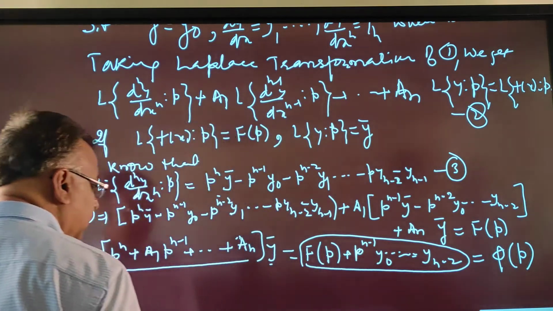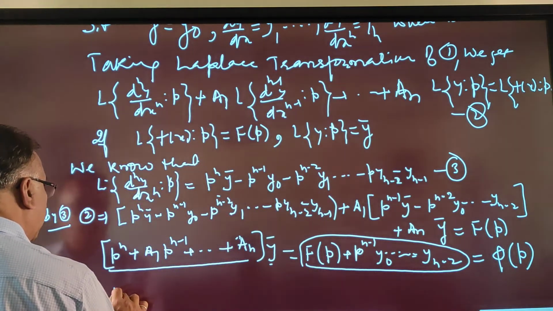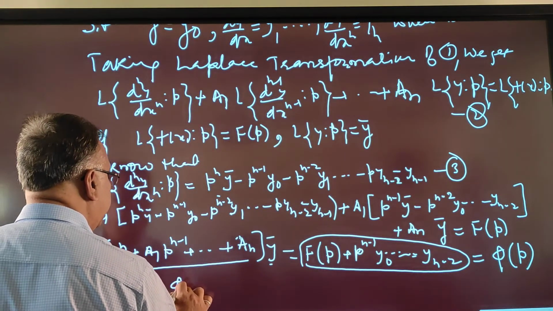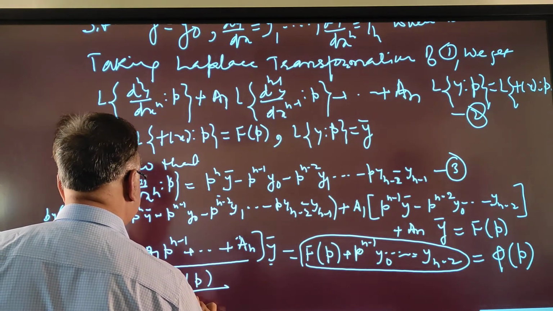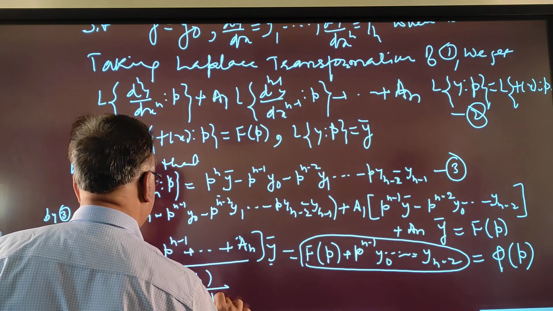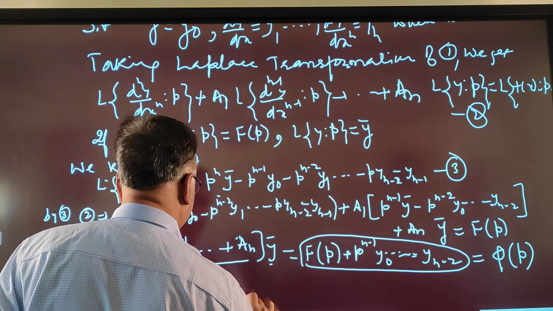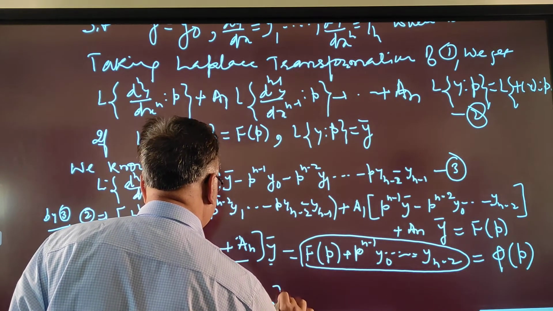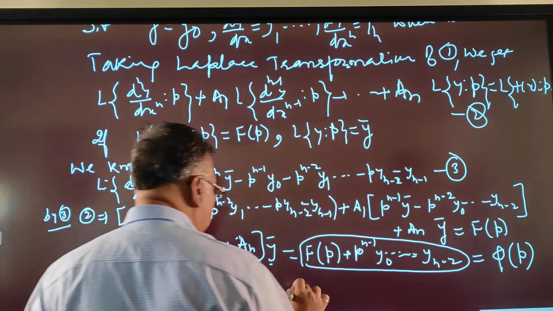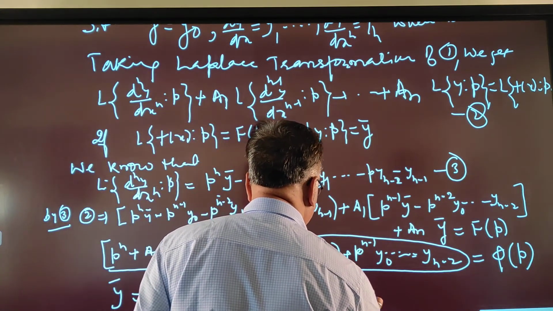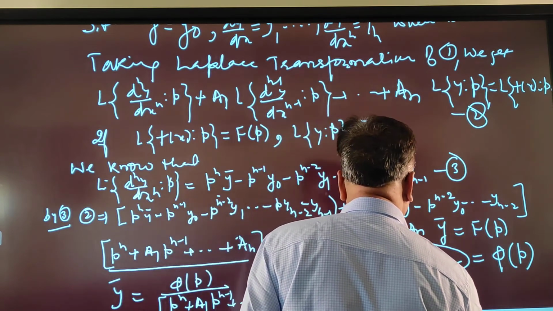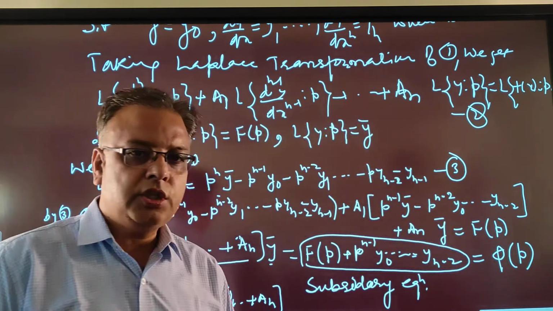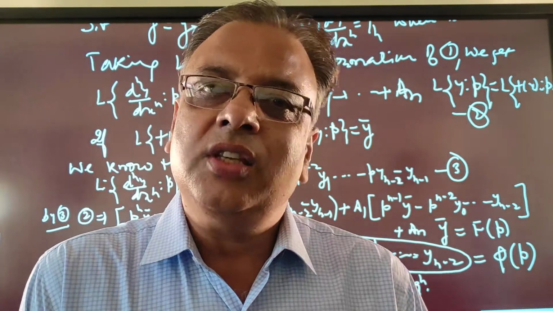If we write this equation as y bar is equal to phi(p) upon p raised to n plus a1 p raised to n minus 1 plus so on plus an, this equation is known as the subsidiary equation.